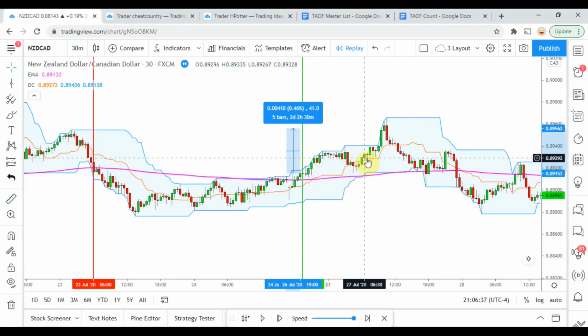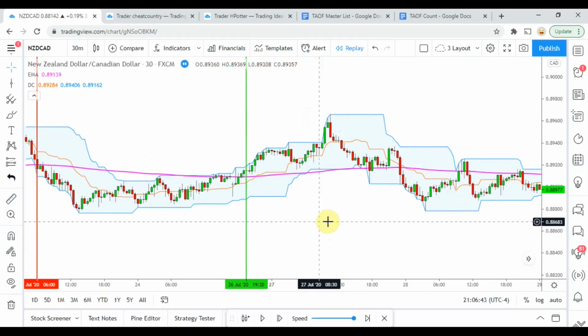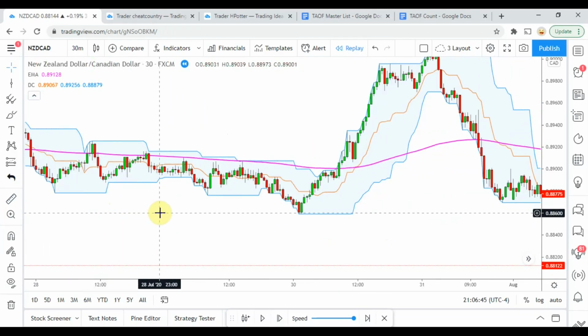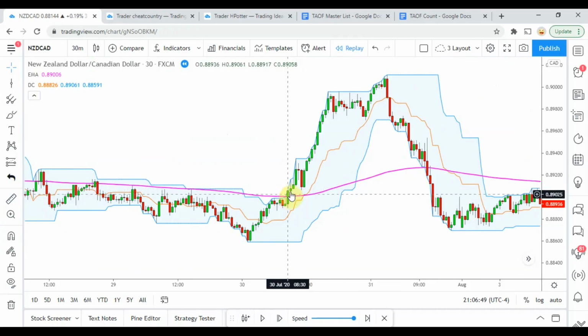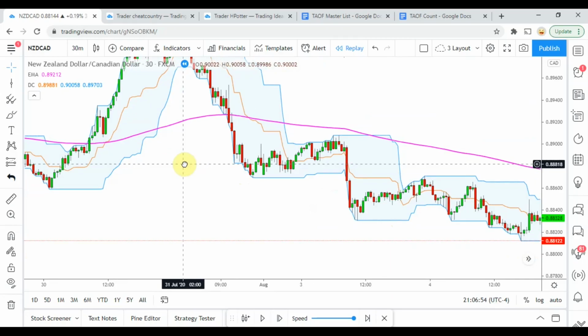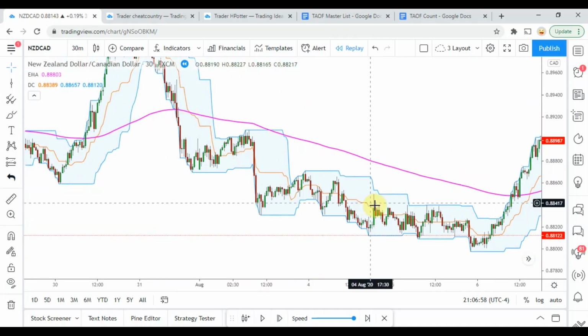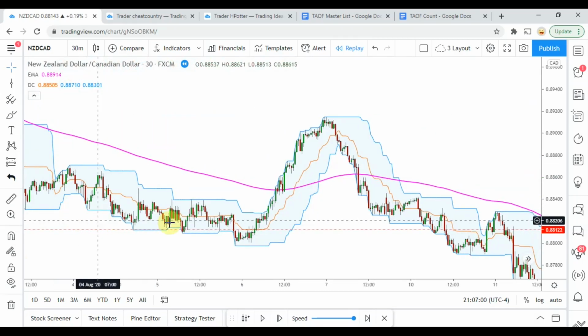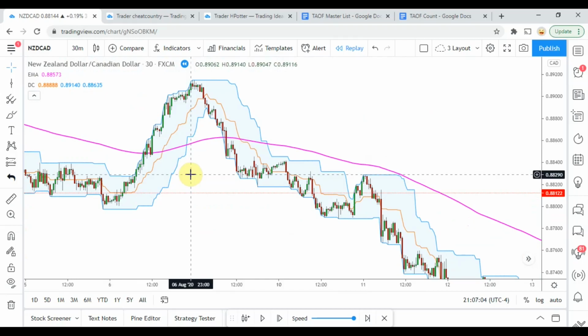And so you can see that it did eventually curl its way up and get us to the 40 pip take profit. So an interesting strategy, to say the very least. There are times that it catches moves like this where it really does just get some explosive movement. Same way right here. Would have caught some really decent moves. Same way right here. And so, yeah, fascinating to say the least.